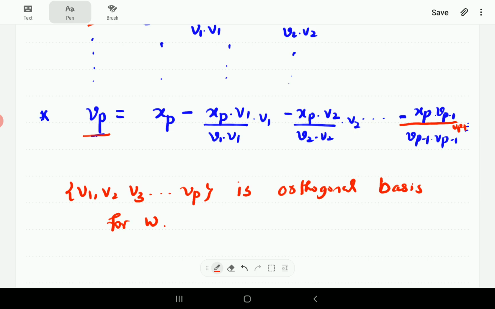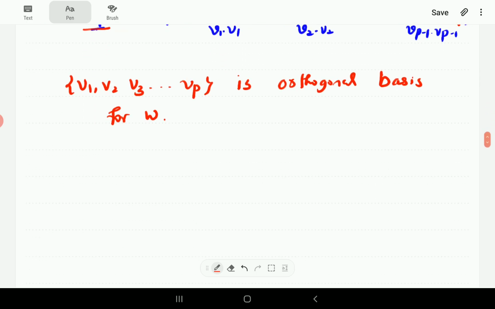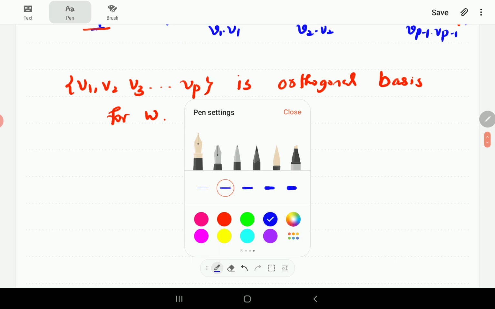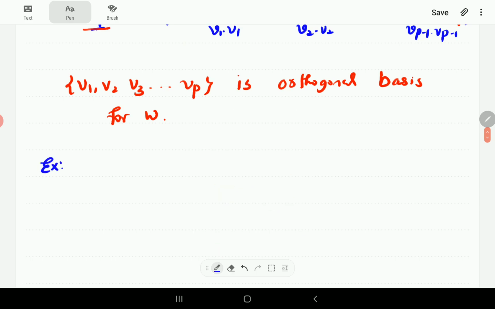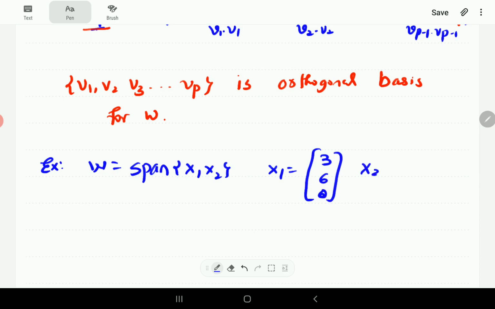Alright, now let us understand this process with the help of one simple example. Let W be a subspace spanned by the vectors x1 and x2, where x1 is (3, 6, 0) and x2 is (1, 2, 2).